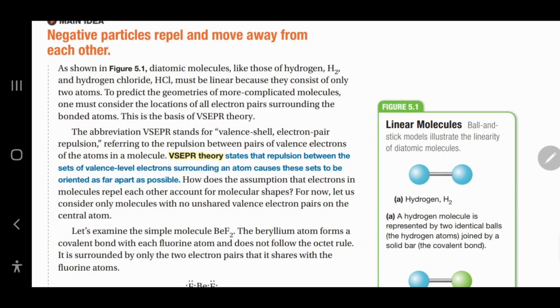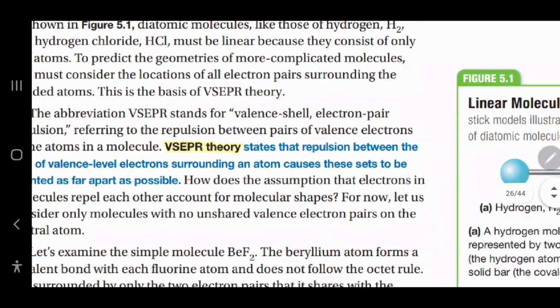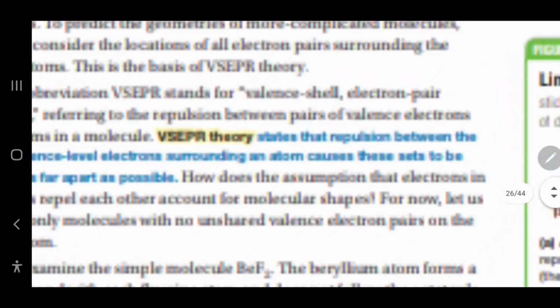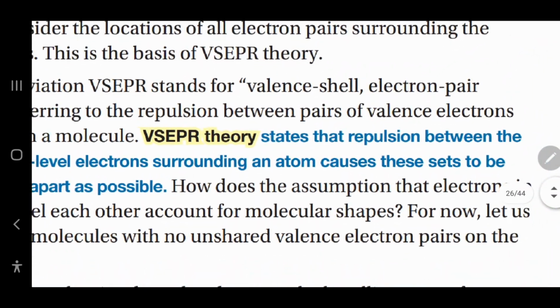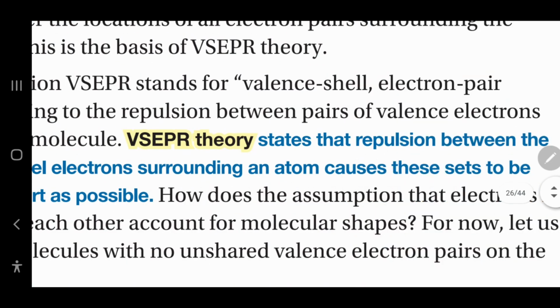states that repulsion between sets of valence level electrons surrounding an atom causes these sets to be oriented as far apart as possible. And actually, VSEPR theory is an abbreviation of valence shell electron pair repulsion.